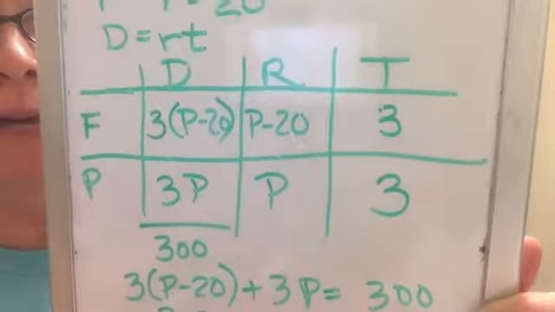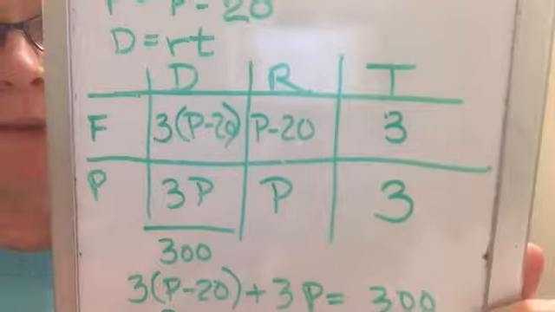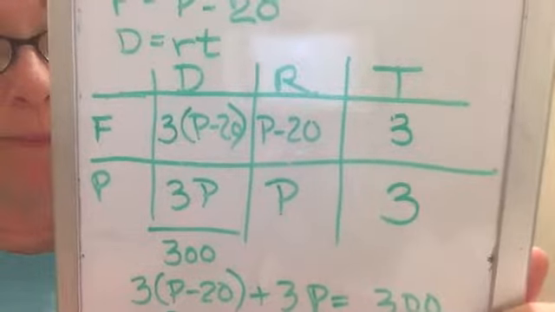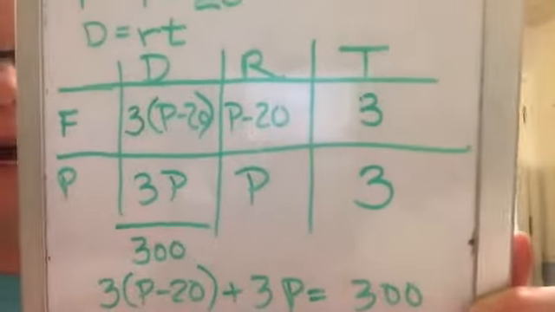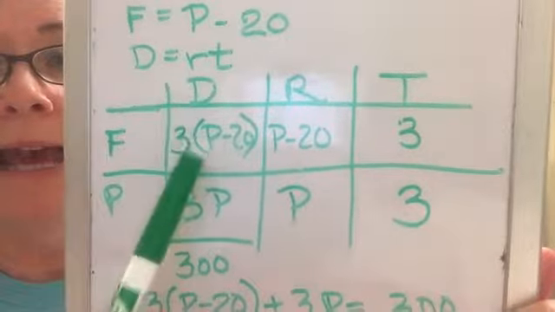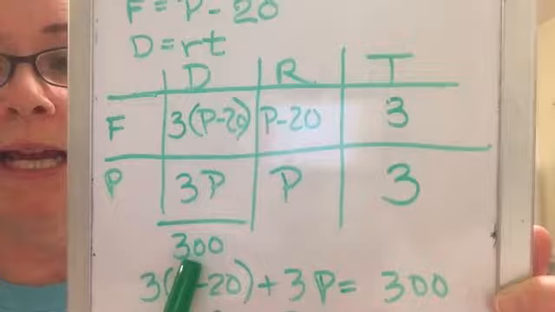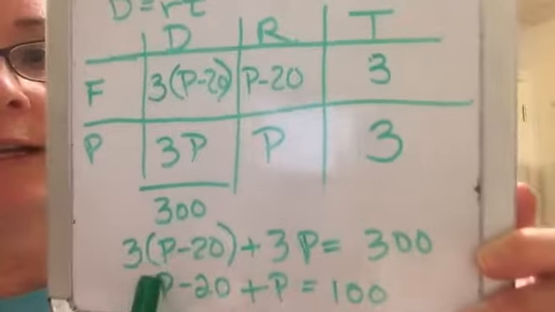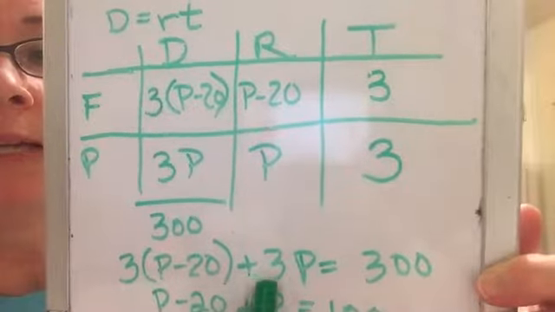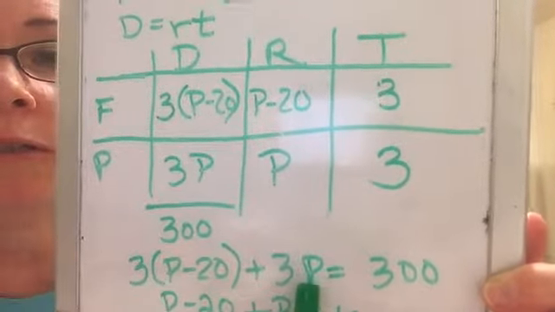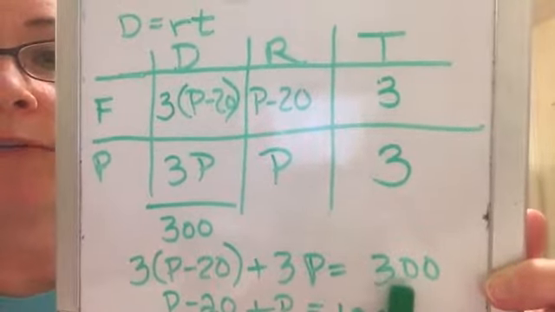And so, distance is rate times time, so it is going 3P. Now we know that together these two distances have to add up to give us 300. So there's our equation. 3 times passenger minus 20 plus 3 times passenger gives us 300.